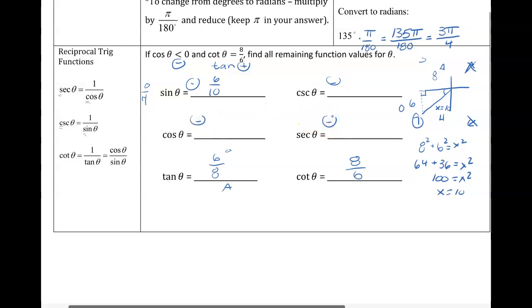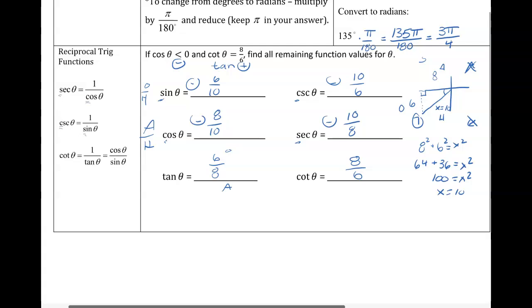And as long as you're in quadrants 2, 3, or 4, you'll always have 4 negatives and 2 positives. Once I know sine, I know its reciprocal, which is cosecant. That would just be 10/6. I can figure out cosine doing adjacent over hypotenuse. My adjacent side is 8, hypotenuse is 10. If I know cosine, I know its reciprocal function, 10/8.